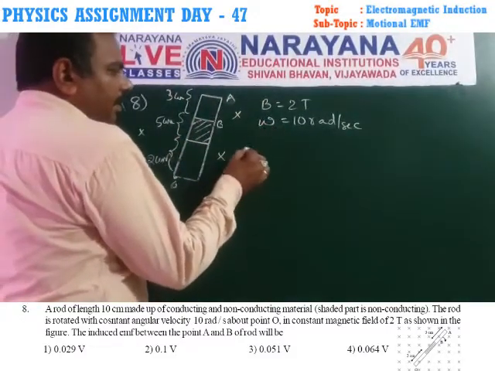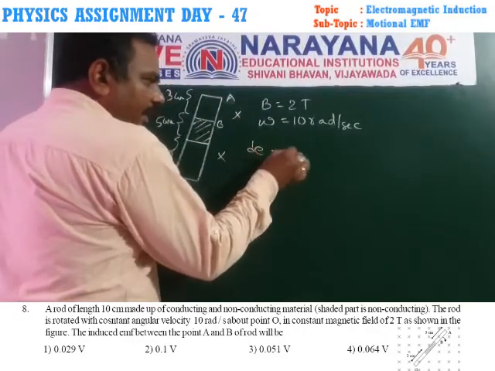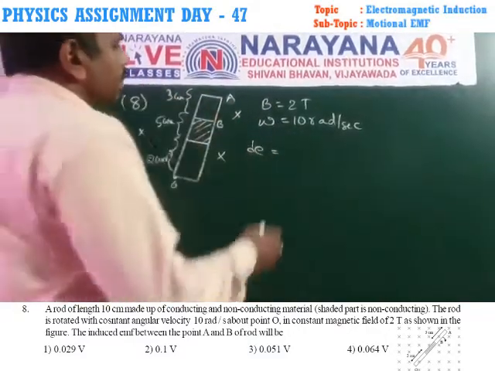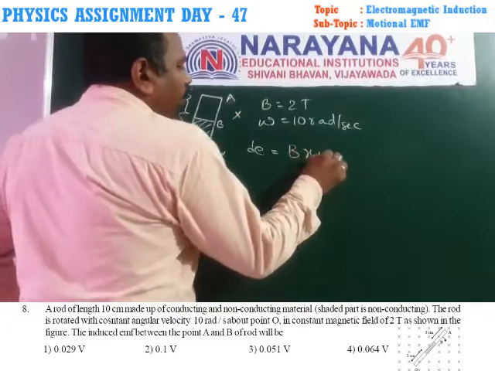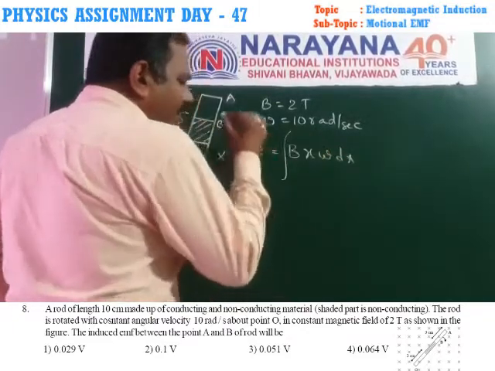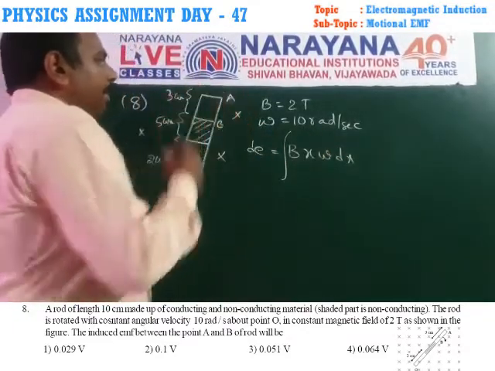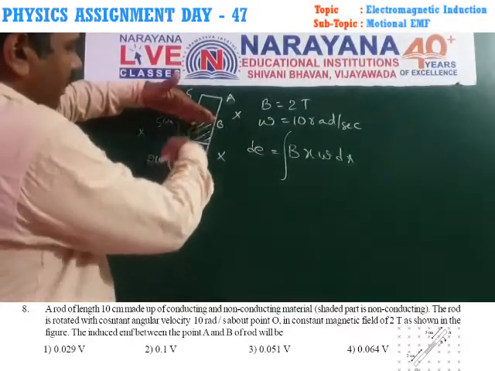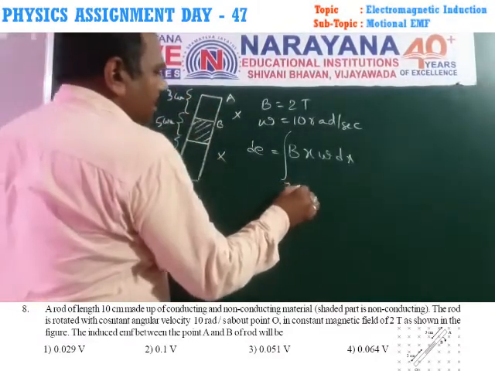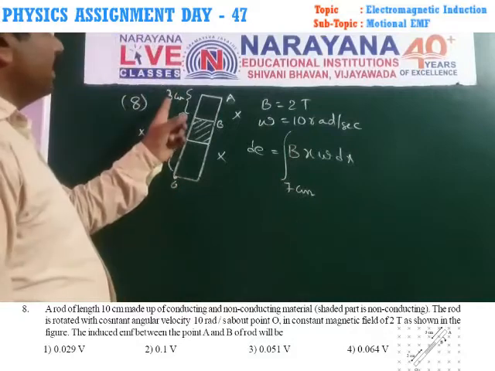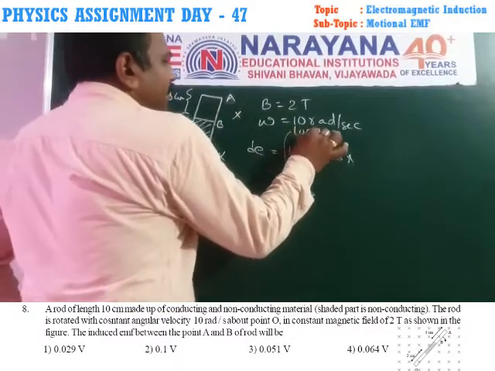So here we have to take it similar to the previous sum: dE is equal to B into x into omega dx. Limits are taken from B point to A point. Up to B point it is at 7 centimeters, and the total length is 10 centimeters.